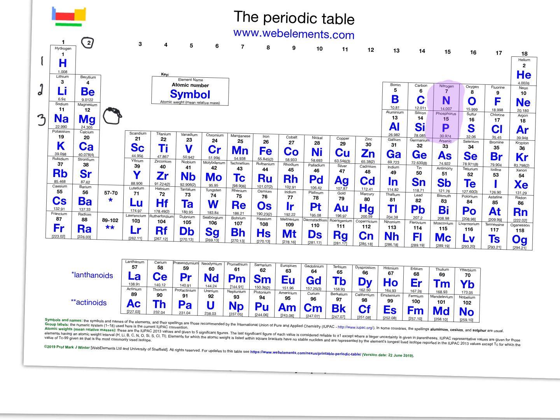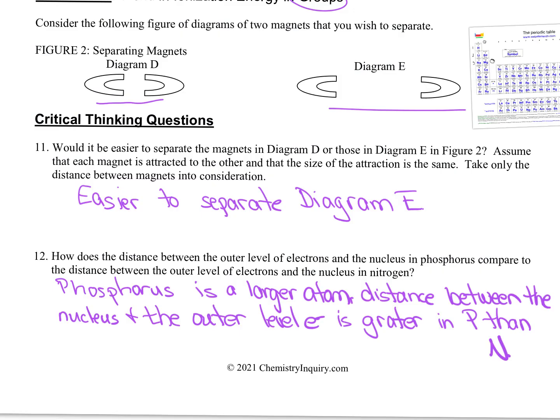Nitrogen is a smaller atom. Phosphorus is a lot larger. So the distance between the nucleus and the outer level electrons is greater in phosphorus than in nitrogen. So phosphorus is the larger atom. The distance between the nucleus and the outer level electrons is greater in phosphorus than in nitrogen.